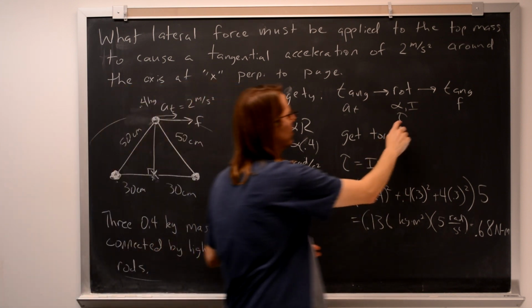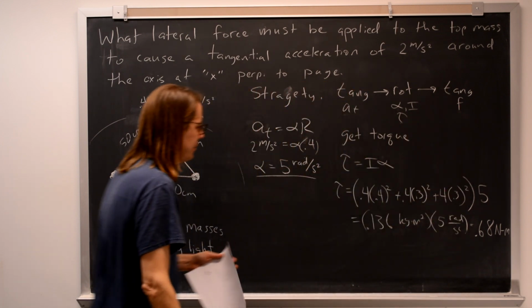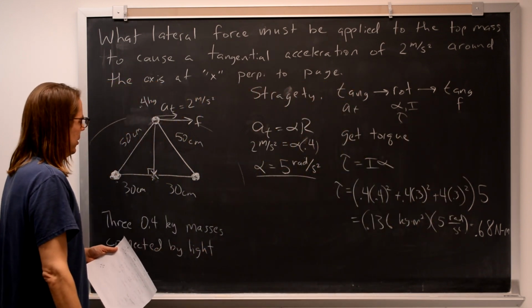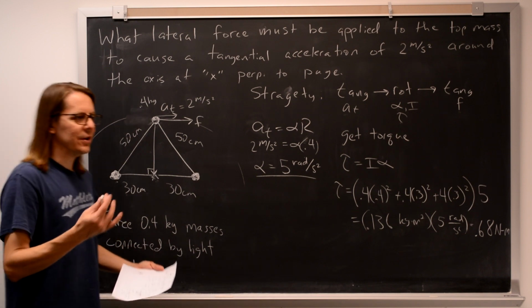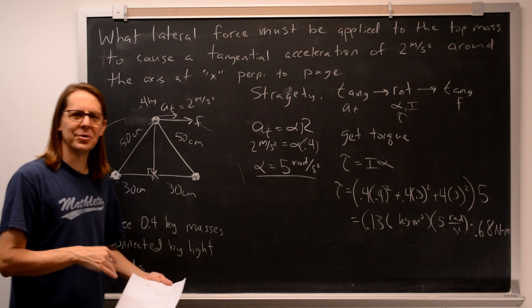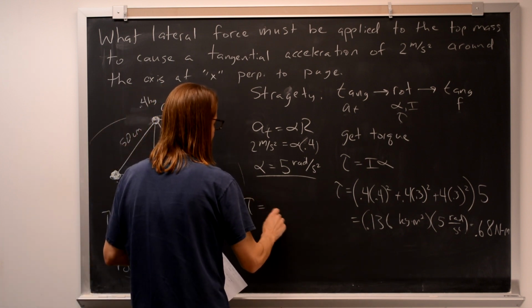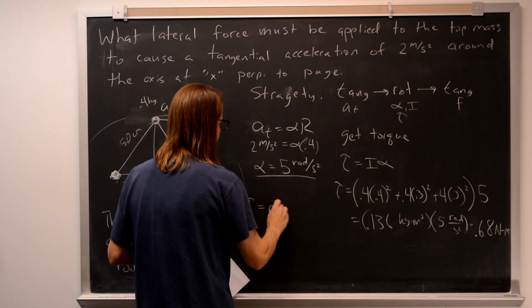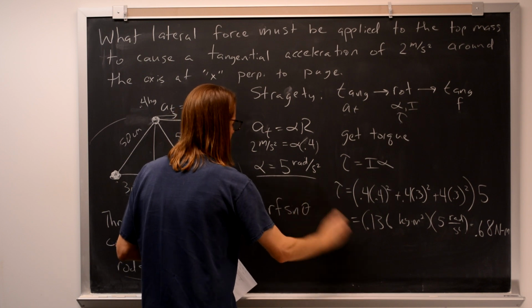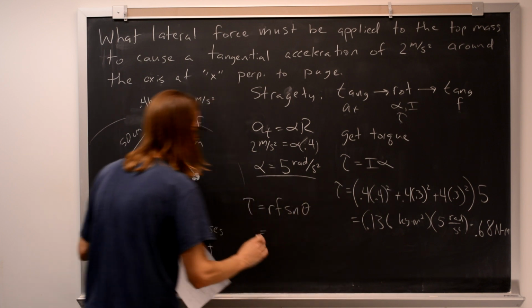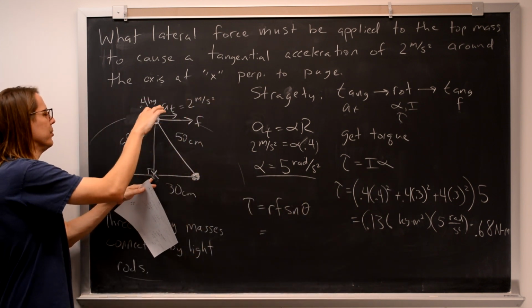And now that we have the torque, we go back. It asks for the force. So for this, we can do the super detailed torque calculation, or we can do the simple one. Really, in this case, you can do the simple one. But let's just do it detailed. Torque is R F sine theta. R in this case is the distance from the axis to where the force is applied.